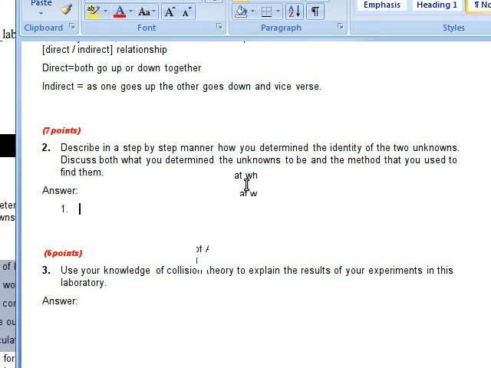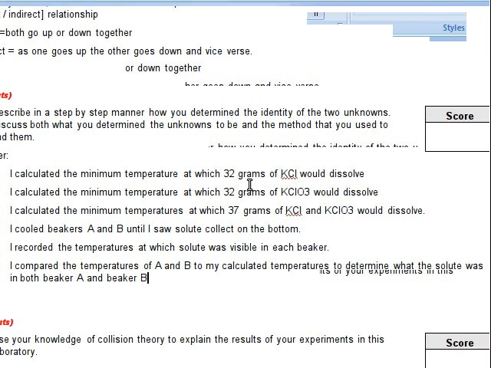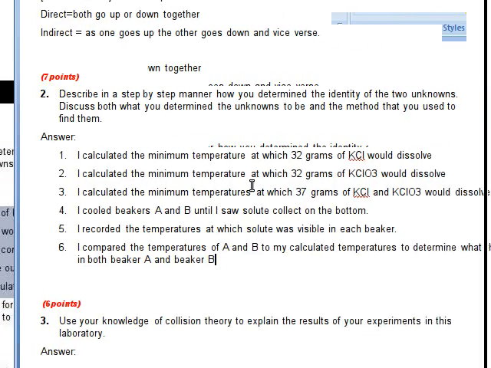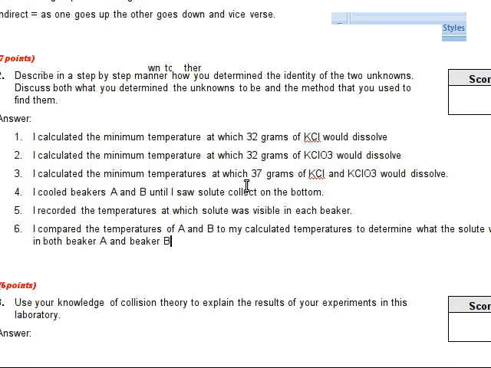Okay, now I've got some bullet points and I've outlined step by step what it is that we're doing in this lab. So first, I calculated the minimum temperature at which 32 grams of KCl would dissolve. Then I calculated the minimum temperature at which 32 grams of KClO3 would dissolve. Then I calculated the minimum temperatures at which 37 grams of both of those would dissolve.